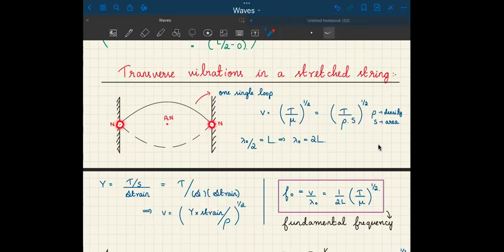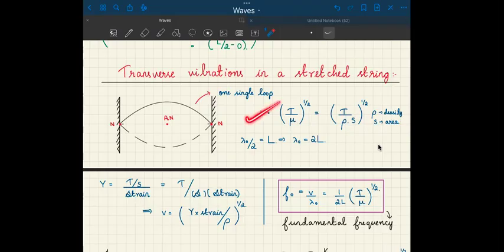You need to have nodes here. And I'm plucking that. Depending upon the way you vibrate it, it may vibrate with a single loop, two loops, three loops, four loops, five loops, n loops, whatever it is. They are called harmonics. If it is vibrating in a single loop, it is called fundamental mode.